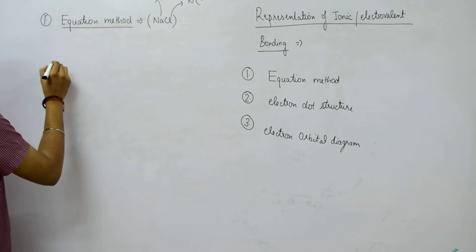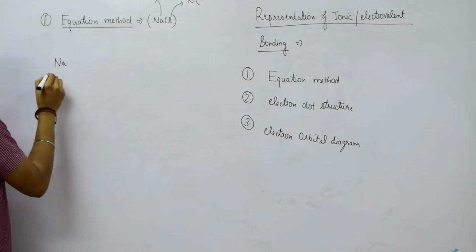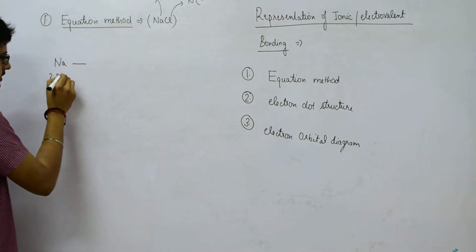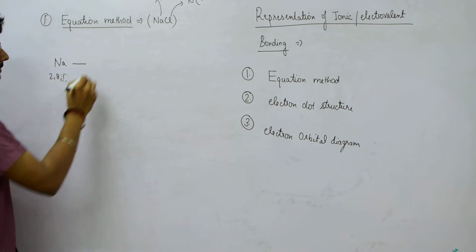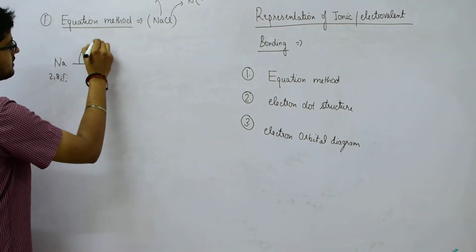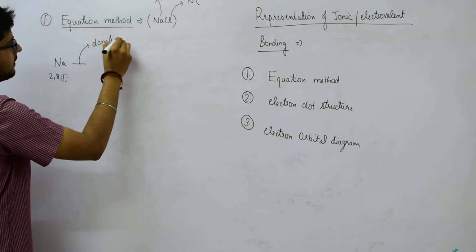Sodium, with electronic configuration 2,8,1, will donate its outermost electron. Donation is always represented by a minus sign.